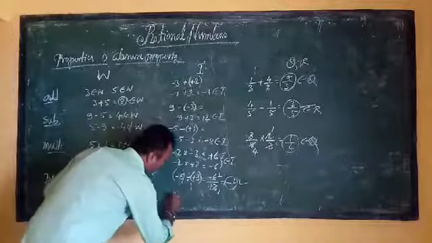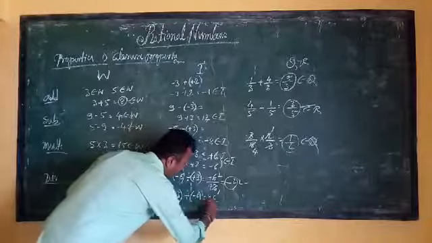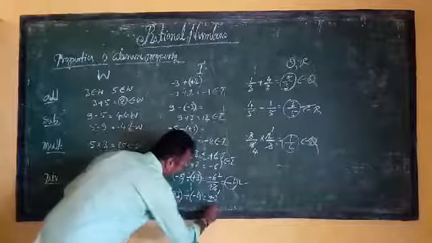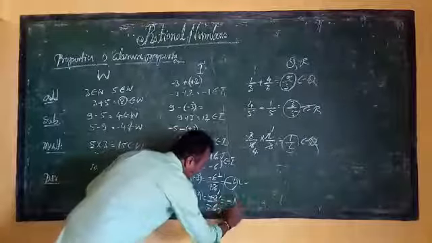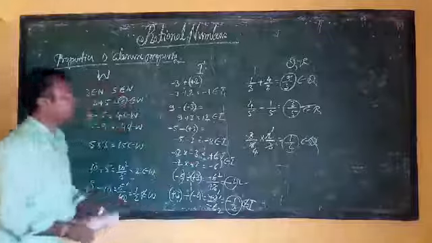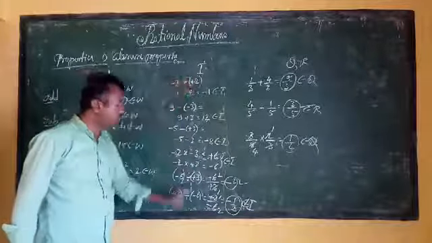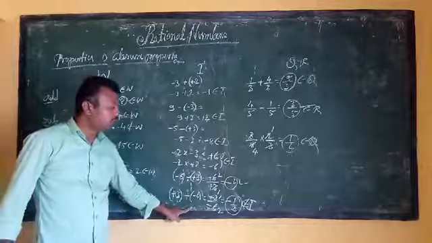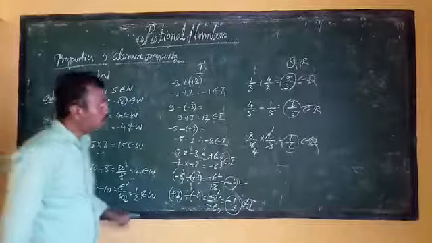But see, students, plus 3 divided by minus 6, what happens? Plus divided by minus is minus, 3 ones are 3, 3 twos are 6, so it becomes minus 1 by 2, which does not belong to the integers. Therefore, the closure property of integers is not satisfied under division. So in division, the closure property is not satisfied for integers, and also not for whole numbers.